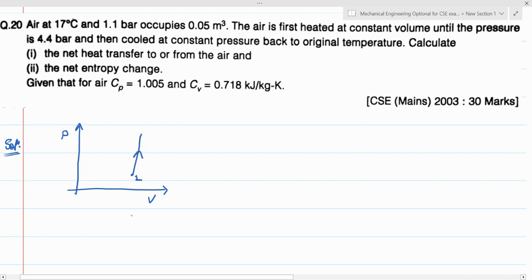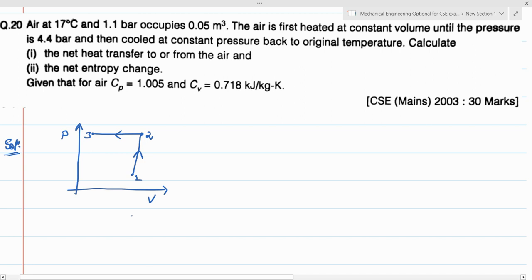Now it is cooled at a constant pressure to its original temperature, so its volume should decrease. So it should go like this. This is state 2, and it should go till state 3. So these are the processes 1 to 2 and 2 to 3.